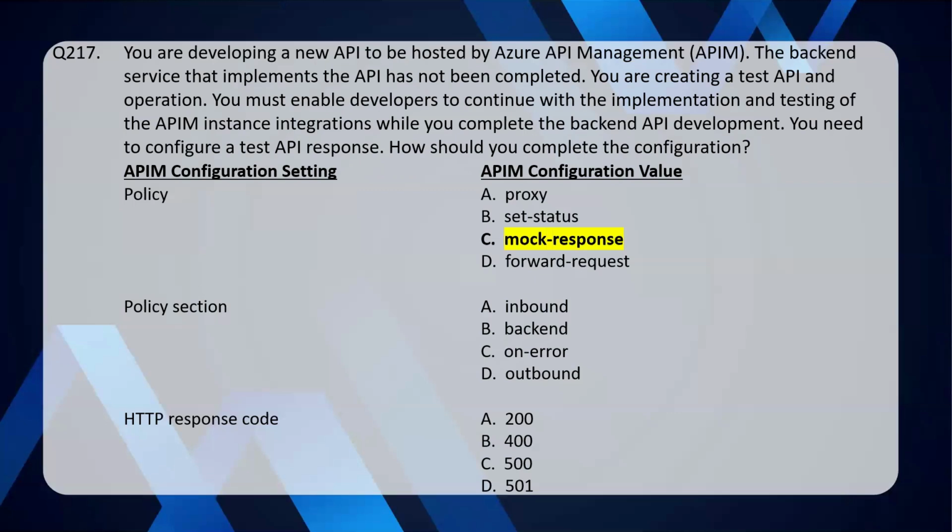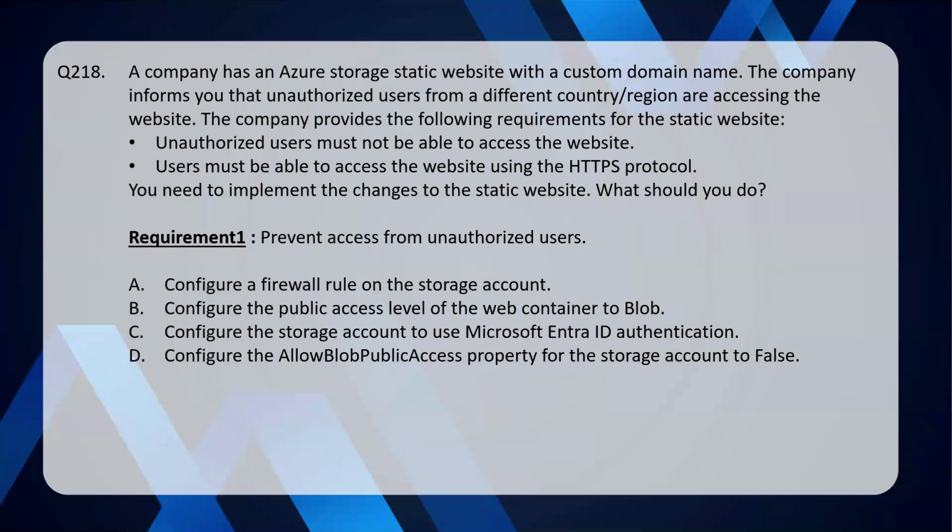Policy section should be inbound. This is because mocking should happen before the request is sent to the backend. And the third part of the question is talking about HTTP response code. And your options are 200, 400, 500, and 501. HTTP response code will be 200. This indicates a successful test response for customers.